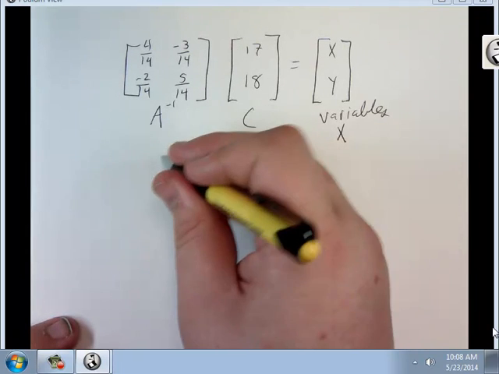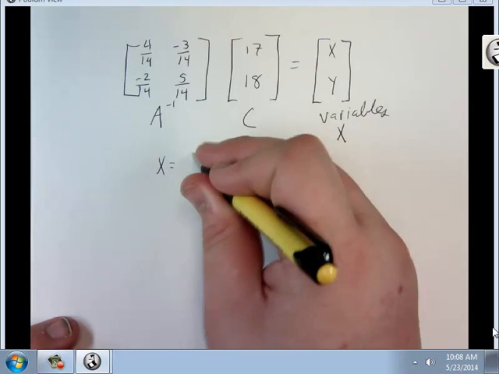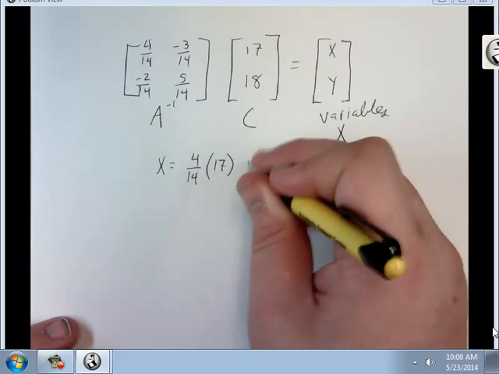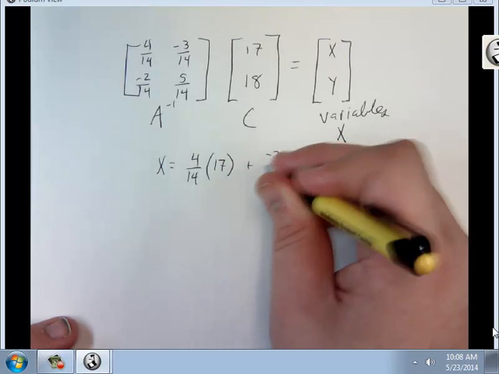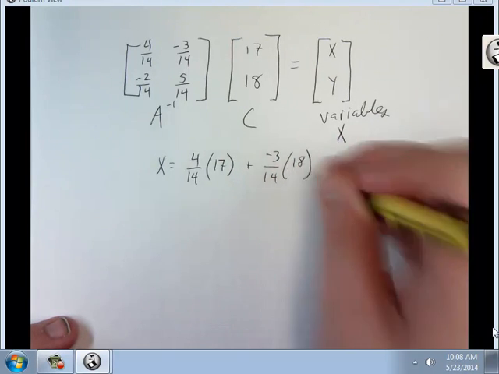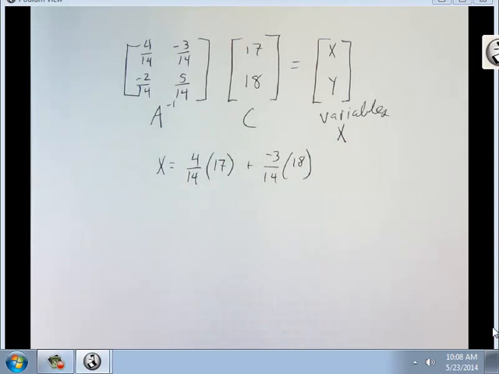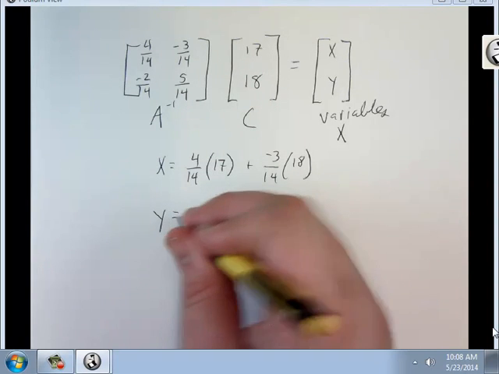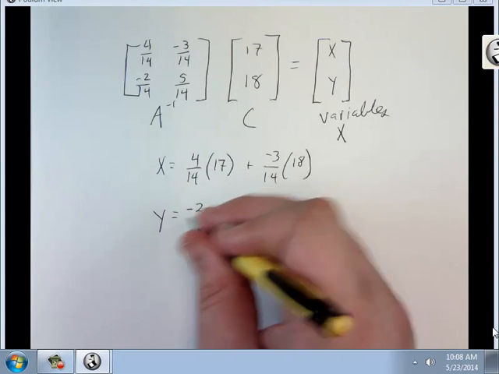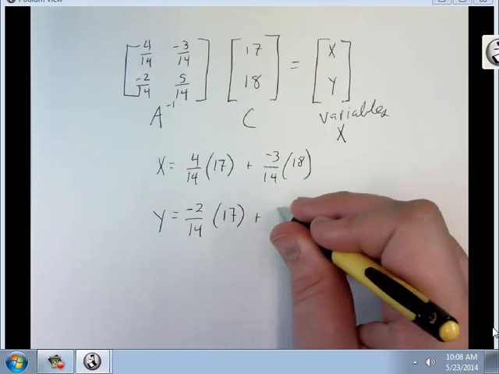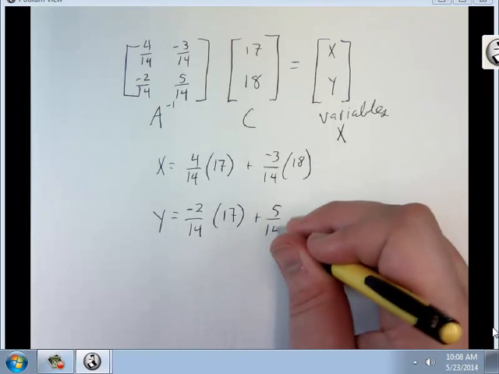X would be 4 over 14 times 17 plus negative 3 over 14 times 18. And y is going to be negative 2 over 14 times 17 plus 5 over 14 times 18.